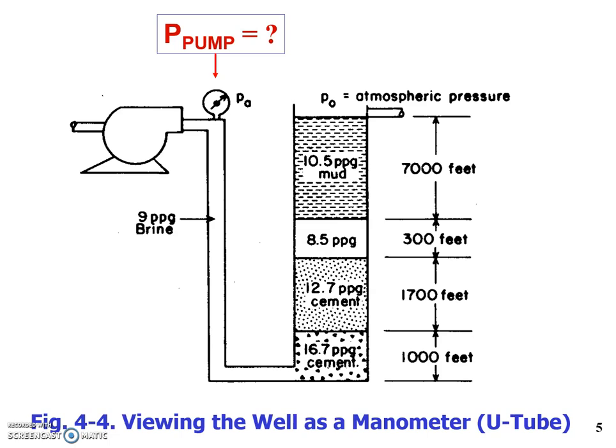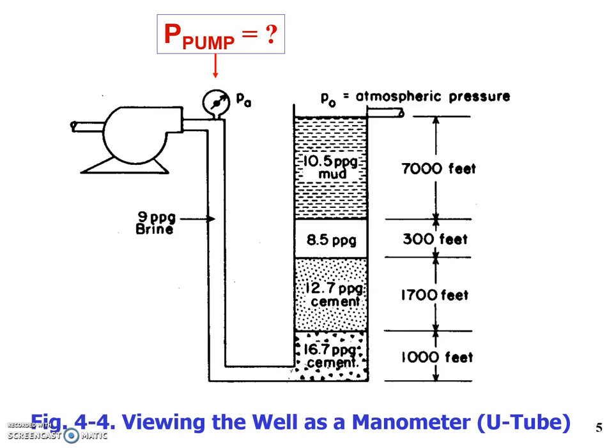You can see here in this area there is a 9 pound per gallon density fluid up to this point, right? And then you have a cement slurry, this is not solid cement, so it means that it's liquid, an 8.5 pound per gallon fluid, and another 10.5 pound per gallon mud.